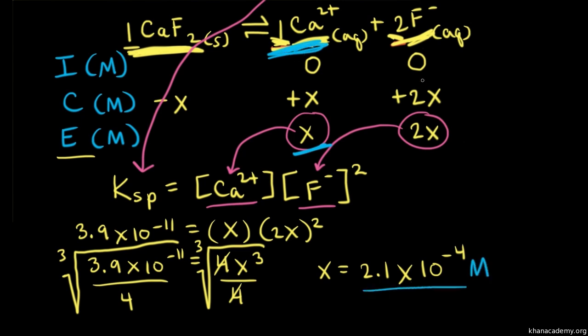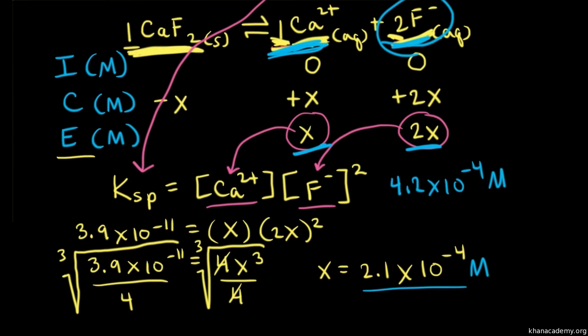For the fluoride anions, the equilibrium concentration is 2x. So 2 times 2.1 times 10 to the negative 4th is 4.2. Let me go ahead and write that down here. 4.2 times 10 to the negative 4th molar for the equilibrium concentration of fluoride anions. Our goal was to calculate the molar solubility of calcium fluoride.